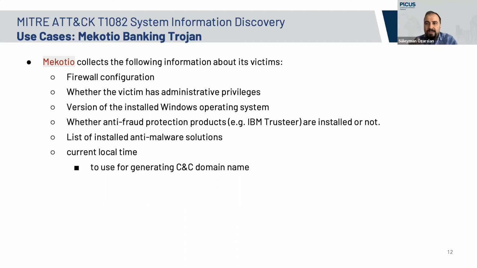Then you can take your prevention methods, and we also give specific rules to prevent these attacks. If you use an IPS, we give the IPS rule, or if you use an endpoint product, we give a rule for the endpoint product.